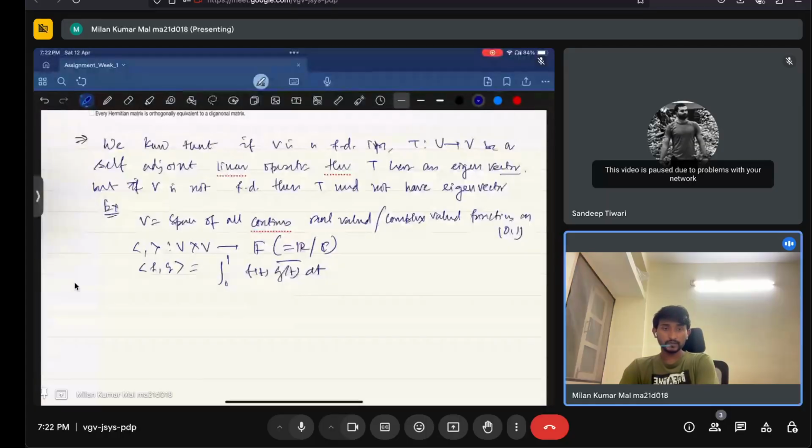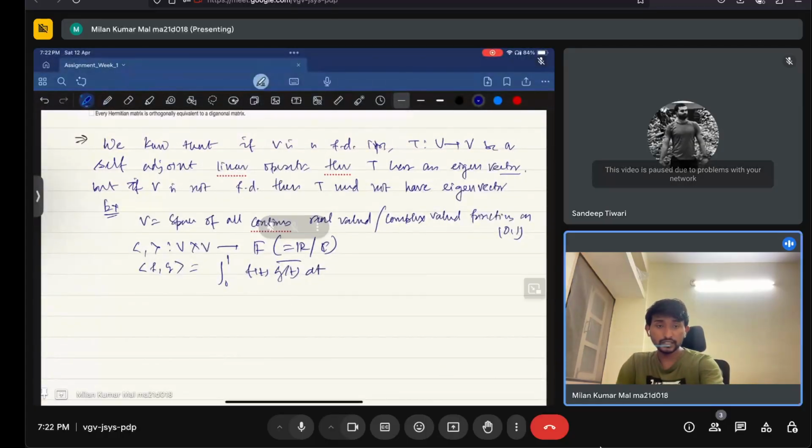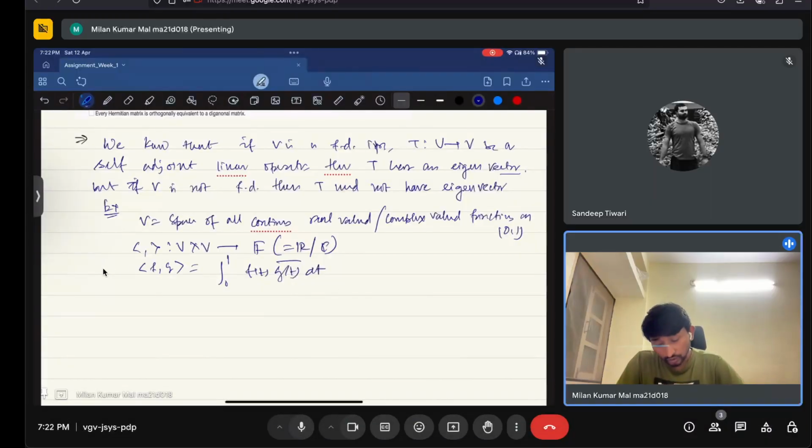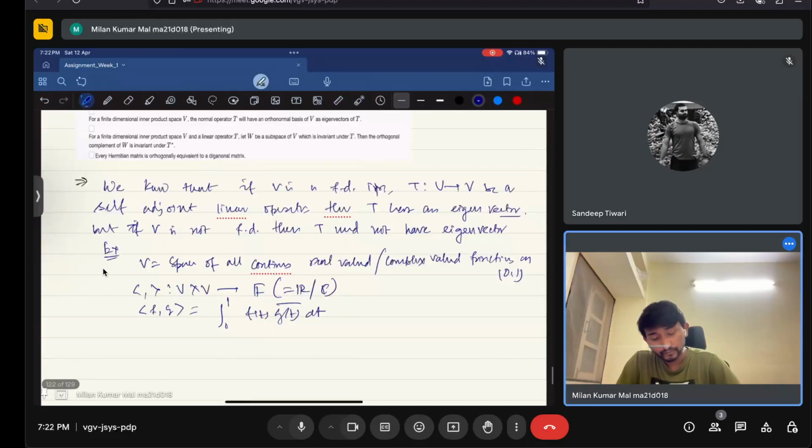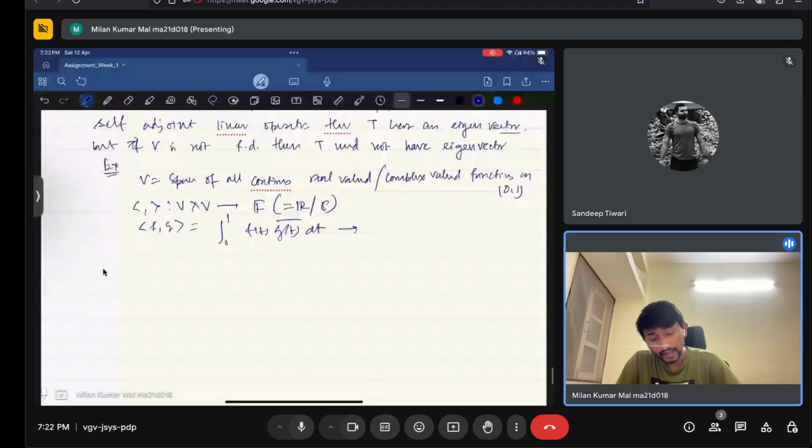If it is complex valued, then we have to write g(t) bar. If it is real valued, we write f(t) g(t), that doesn't matter. In that situation, we don't have any eigenvector.